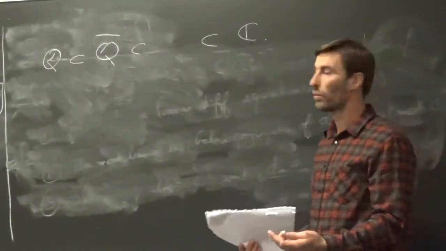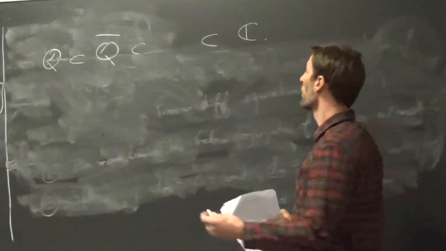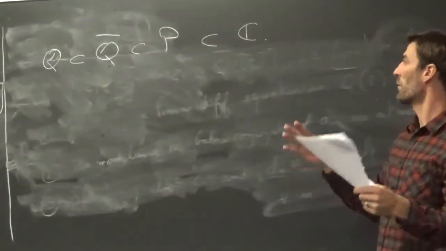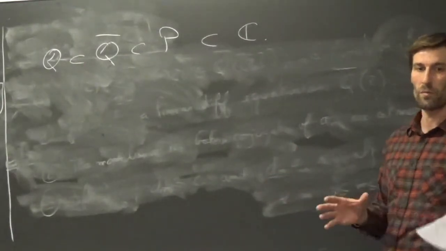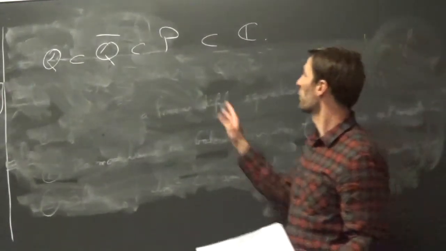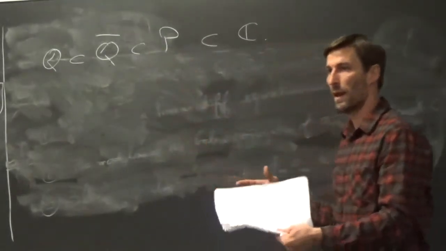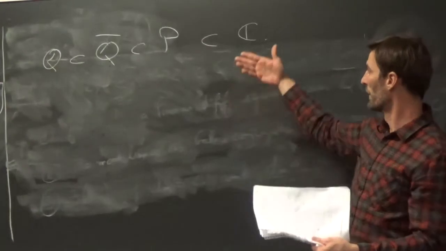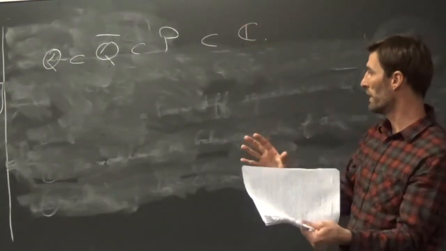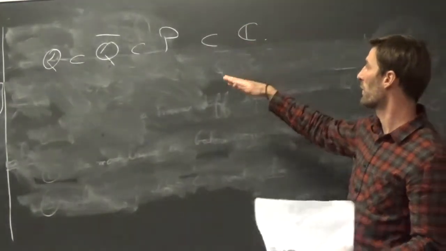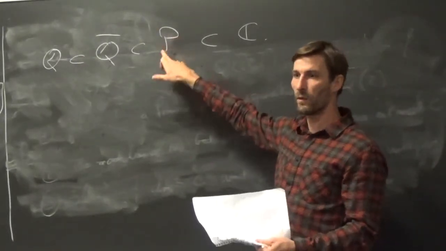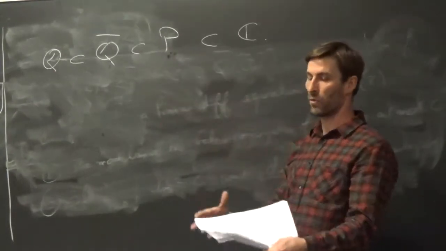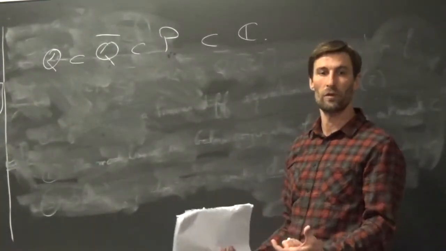One attempt was to look at the ring of periods, which are defined as integrals of algebraic functions over a semi-algebraic domain. So it means that you just allow integration, starting from algebraic numbers, algebraic functions and algebraic domain. So what you get is almost all interesting numbers, but still you have something which is countable, and the element in P can be described with a finite amount of information.